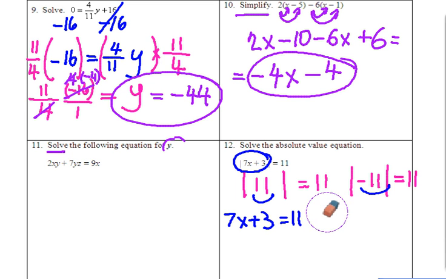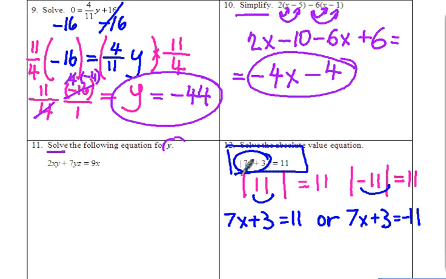Or, and that's very important, 7x plus 3 is negative 11. Again, no magic there. Nothing tricky. We know that inside the absolute value symbol, it has to be equal to 11 or minus 11 to give us this answer. So this is how we split it, and now we are solving.